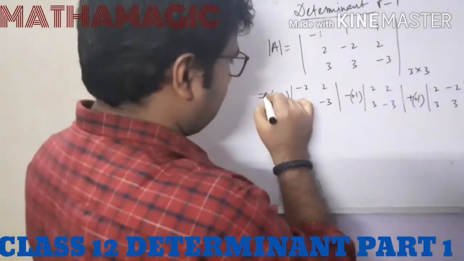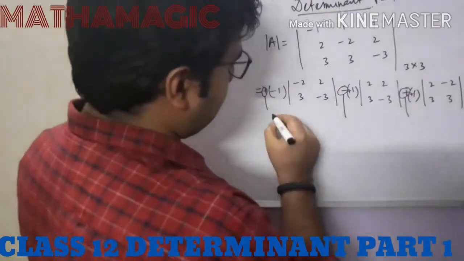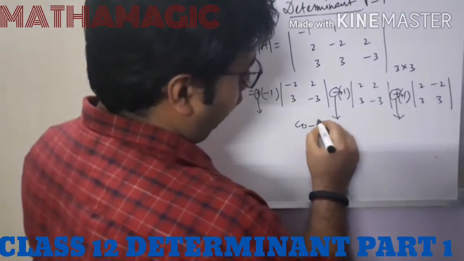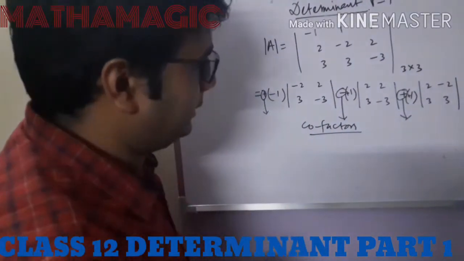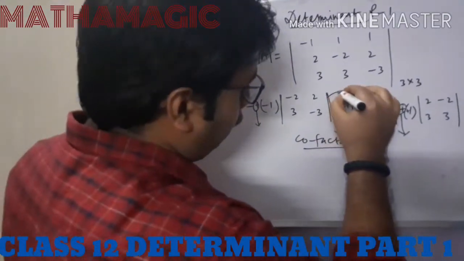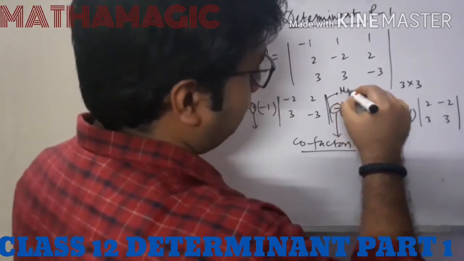So these things, this plus, this minus and this minus, are called as cofactors. These are called as cofactors. And these short type of determinants, 2 into 2 order determinants, are called as minors.